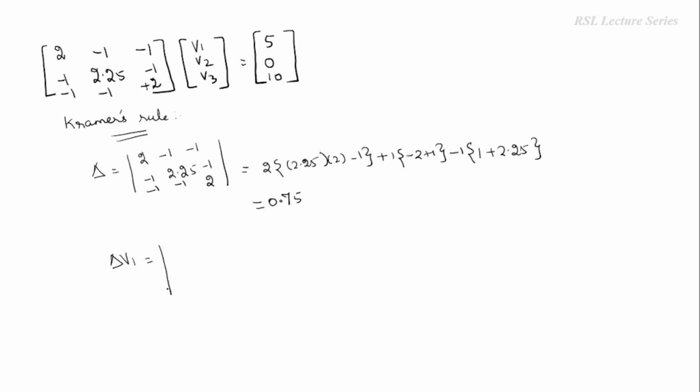Next we have to find out the delta V1 value. For finding out the delta V1 value, we have to replace the first column by the right hand side matrix. Here the right hand side matrix is 5, 0 and 10. The remaining two columns will be the same.